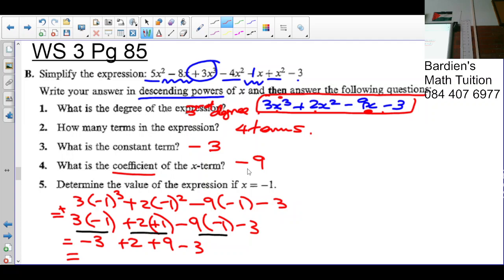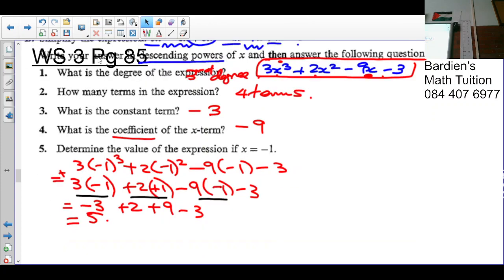What comes to the side? What is negative 3 plus 2? Negative 1. Negative 1 plus 9. Positive 8. Positive 8 minus 3. 5. Still got it right. Alright.